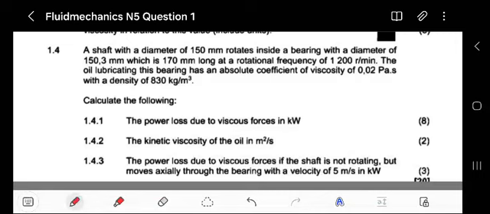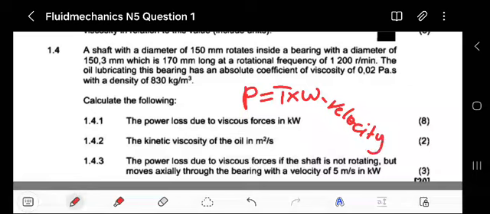Right. Power will be force multiplied by angular velocity, not linear. Remember, this is the shaft. The shaft is rotating. You see, this is what it will be: torque, whereby we know that torque is equal to force multiplied by radius, whereby that radius is the same as diameter divided by 2.